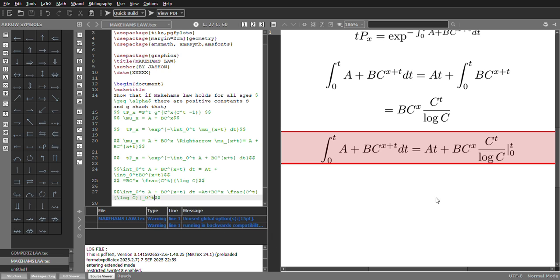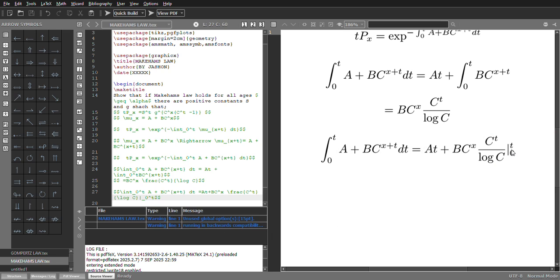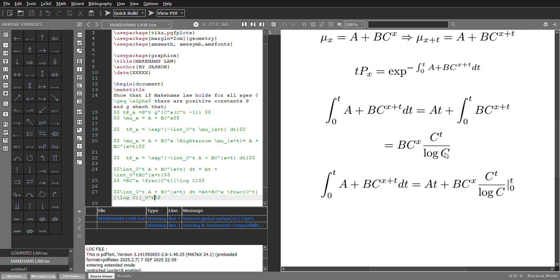So replacing our limits, let's start with this t. Remember, what we are doing at the moment, we're just dealing with this part here.